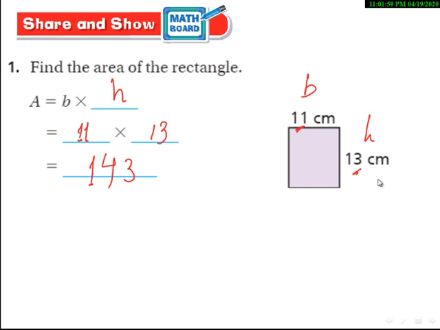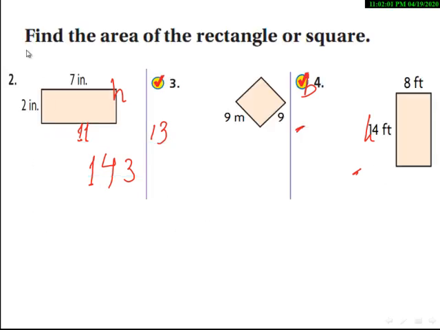Now, let's do another example. Find the area of the rectangle or square. I have a new square or rectangle. I have a rectangle, which is its base equals 7 inches. Its height equals 2 inches. Now I want you to find its area.